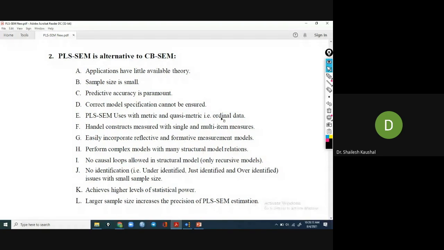Nominal data or categorical data is not desirable either in CBSEM or PLS SEM. So in CBSEM, we need to frame our question in either interval or ratio scale, means data should be metric or continuous data. But if my data is ordinal, in Likert scale type data, then I can perform the PLS SEM.